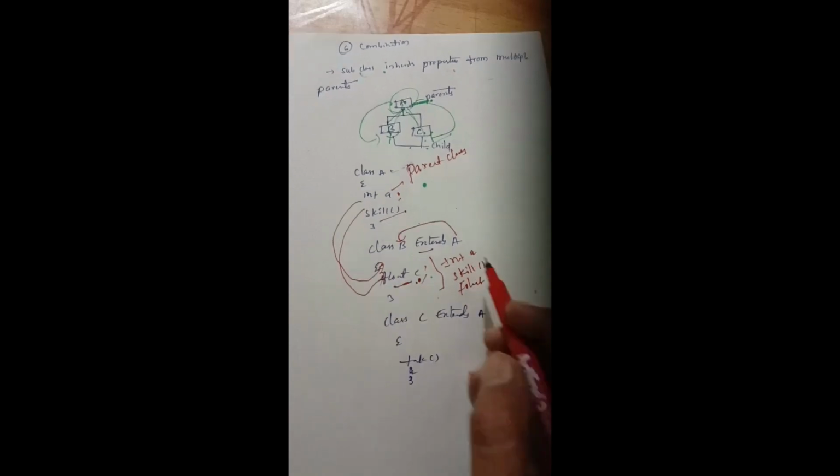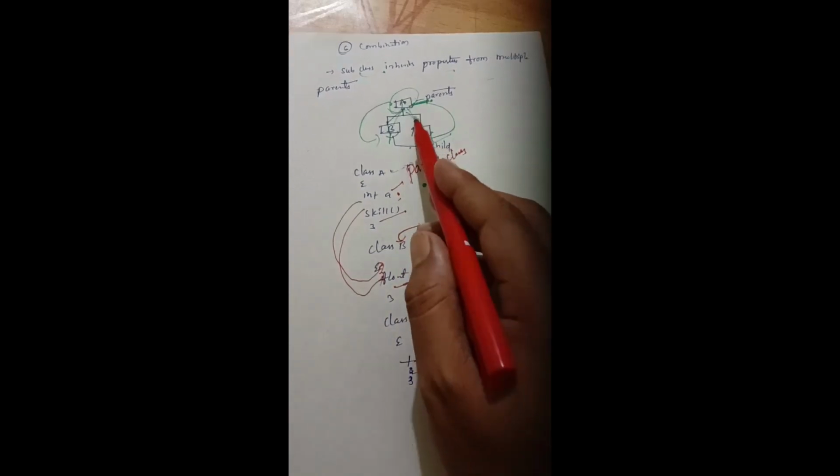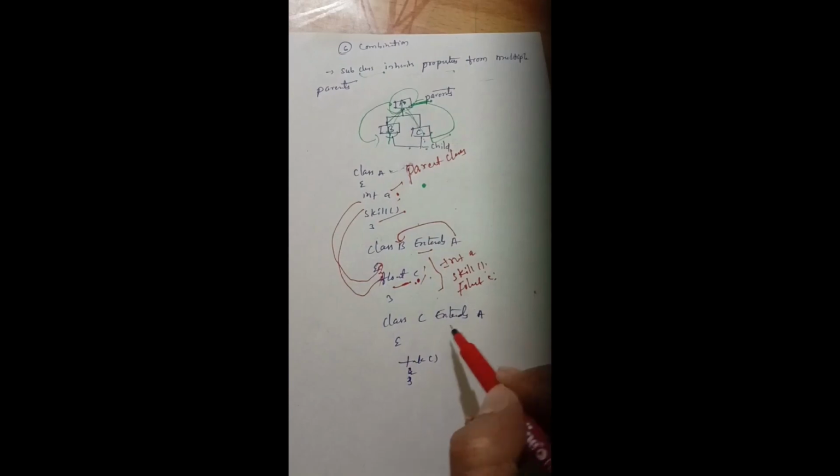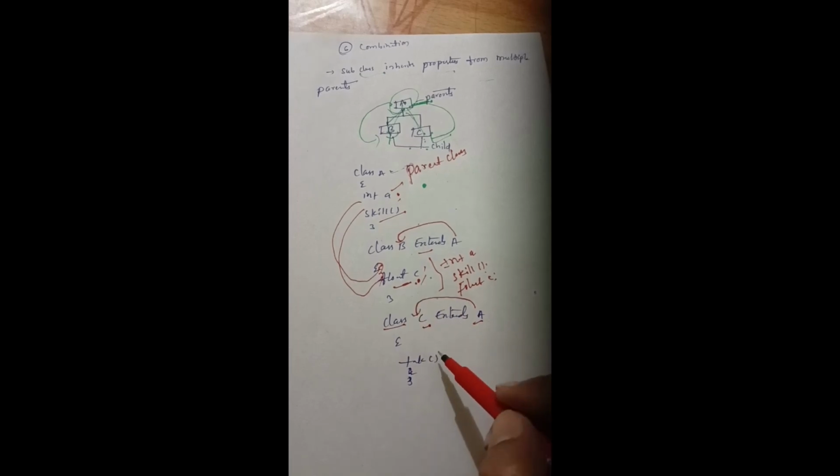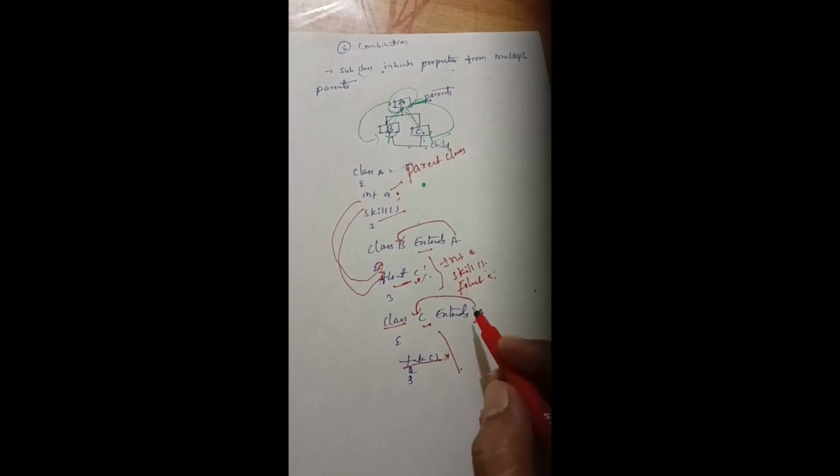Again we want to extend. The parent is the same but the child is different. The class C subclass, A is extended into C. Okay, we use only the talk method here. Which properties are available? The A properties contain int A and skill method, and again extra properties, the talk method.